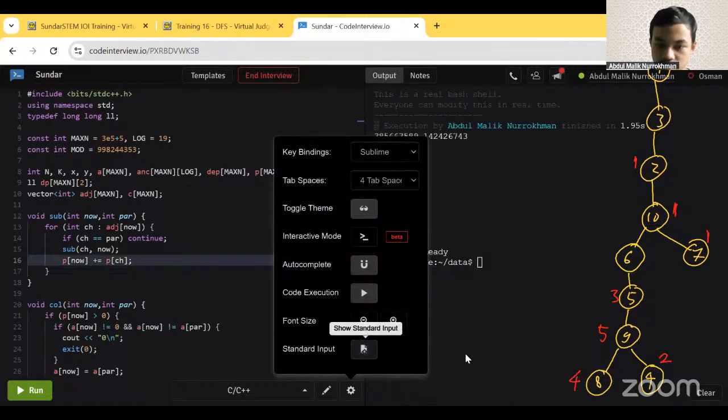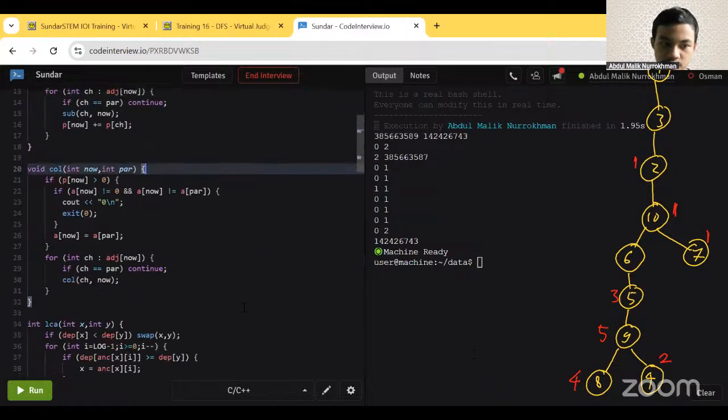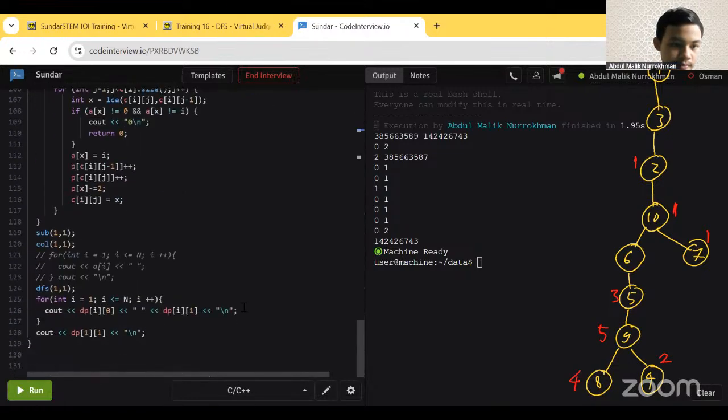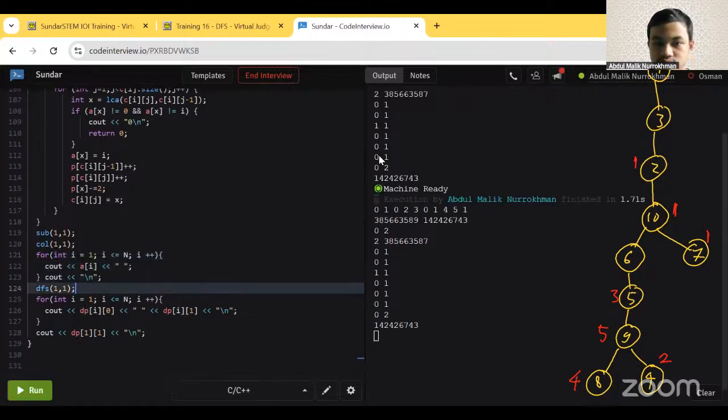All right, so how about the dynamic programming? Maybe let's output the color. The color is just the same, right? Just the same array, but one is already connected into one component.